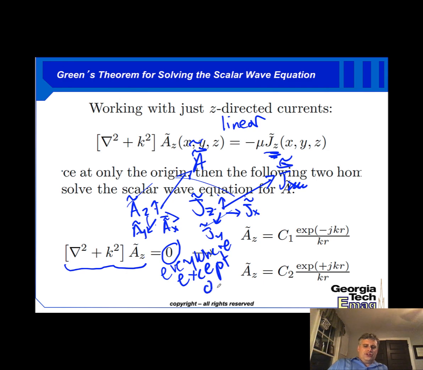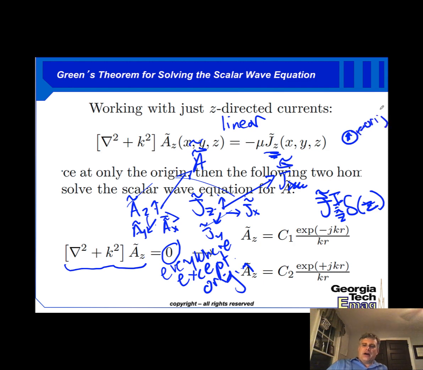So on the origin, I could put, conceivably, a little delta of current, the delta function. Delta sub z, or operating on z. I'm going to stick that on the z hat direction, and I'm going to make a little current element I. Just a little smidge of current at the origin, nowhere else.